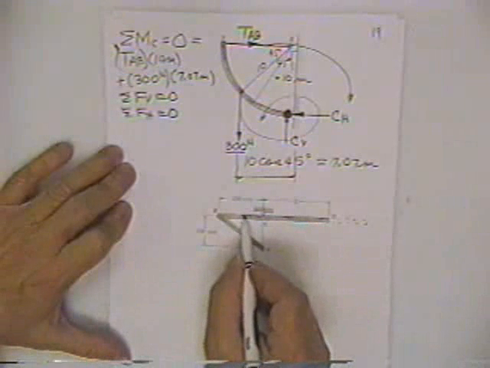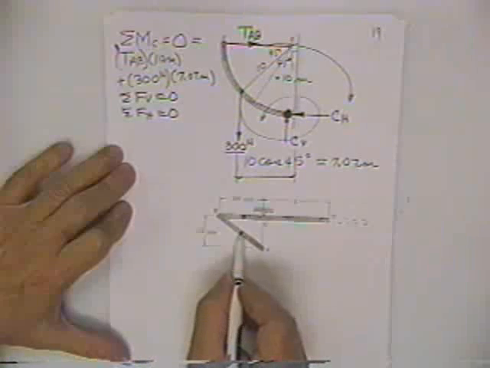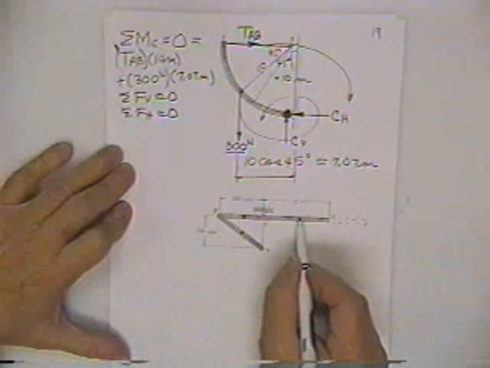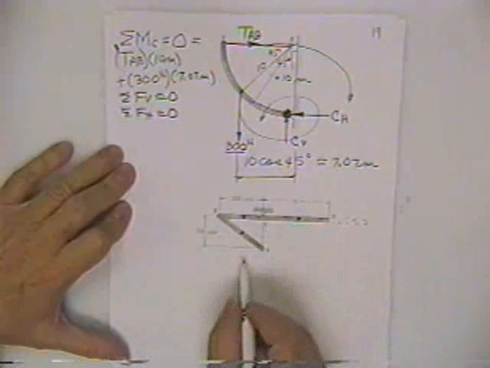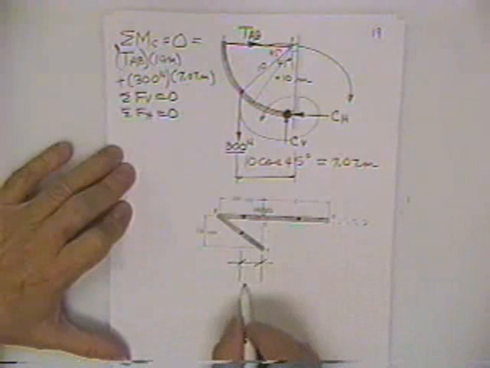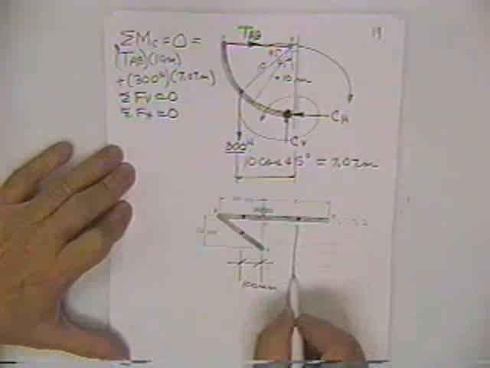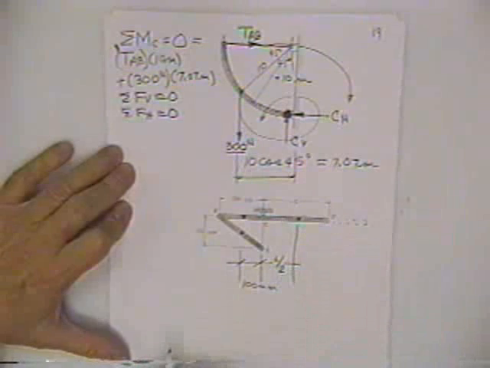Well, here is the centroid of bar piece BC. Here is the centroid of bar piece BA. Here is the centroid of bar piece CD. This moment arm right here is 100 millimeters, and this moment arm right here is L over 2.